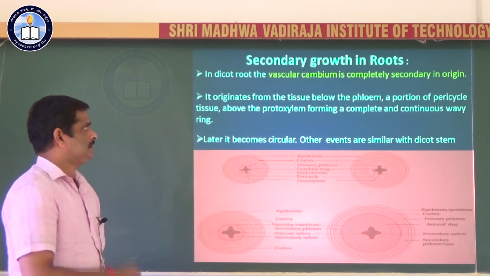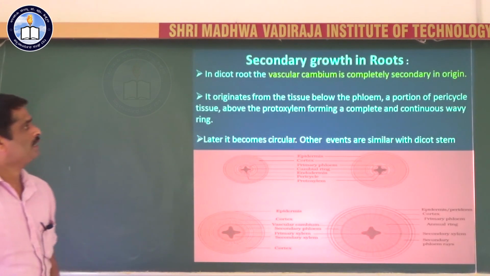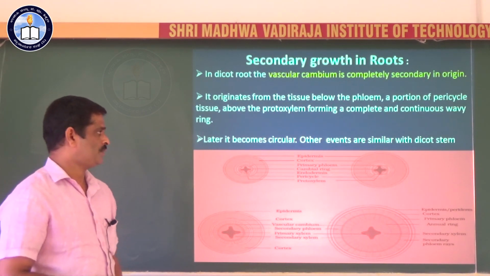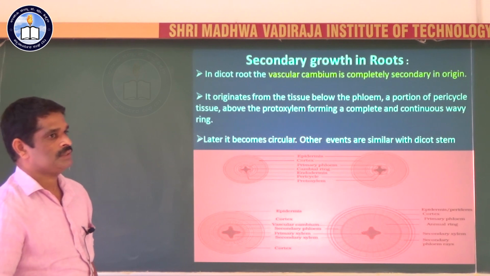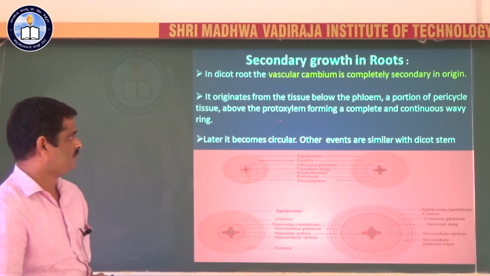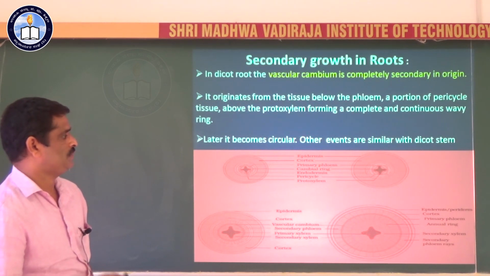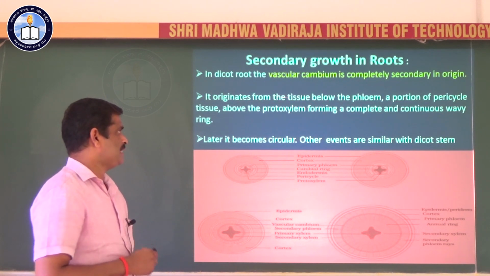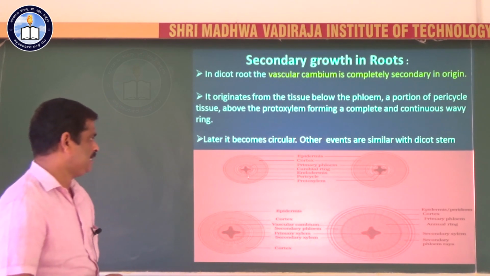Let's study the secondary growth in dicot roots. In case of the root, the secondary growth is similar to that in the dicot stem. How is the cambium produced in the root?